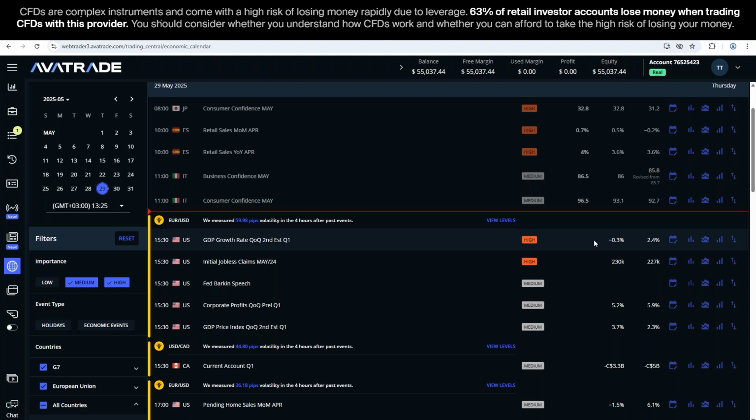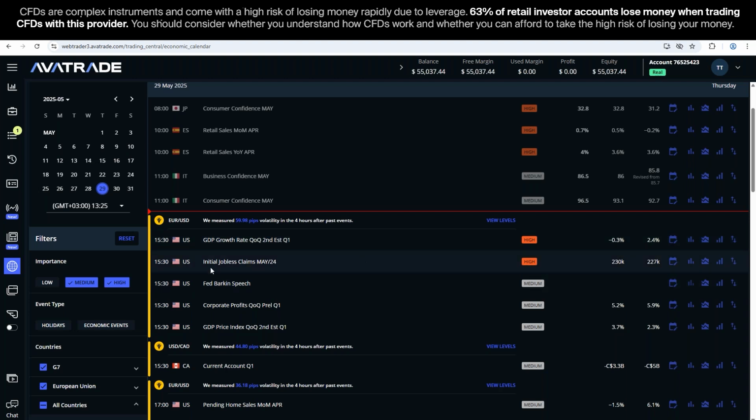So it could work in your favor, and slightly negative GDP doesn't erase the positive news about NVIDIA and specifically the tariff pause as well. But it's something to keep in mind, and that's why we protect our trades, in the case of the trade we just simulated, with a stop loss with minimal risk.